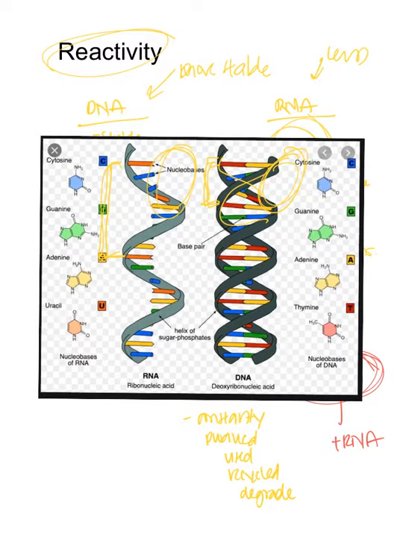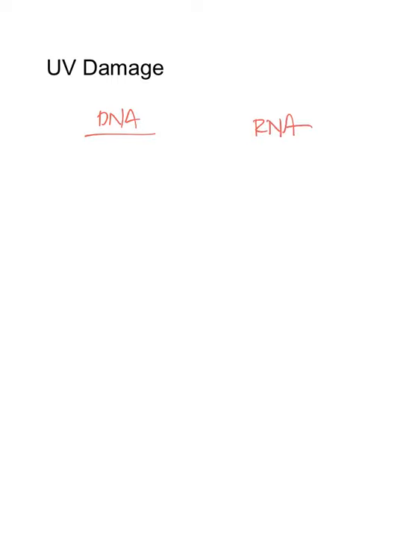Last point, this one's pretty short, UV damage. You might have heard that if you're exposed to UV rays, this is going to increase your chances of getting cancer, and this is because DNA is susceptible to UV damage, which is ultraviolet light.